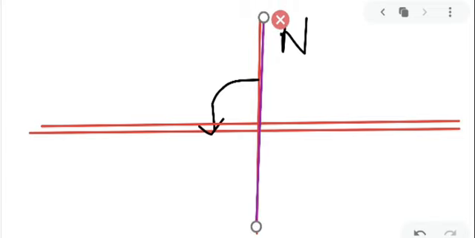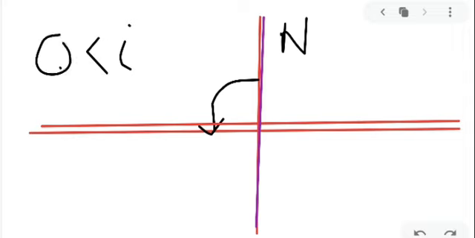So the angle of incidence I has a value between 0 degree and must be less than 90 degree.